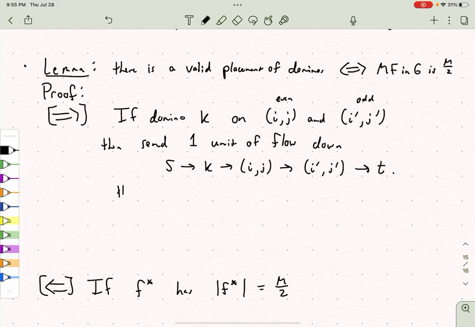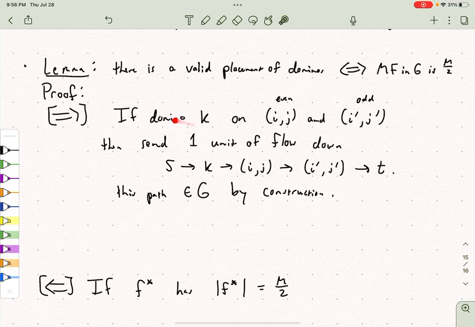This path is in G by construction, because if it's a valid placement, I prime j prime has to be adjacent to ij, and it has to be odd. So by construction of the graph, that path will exist.